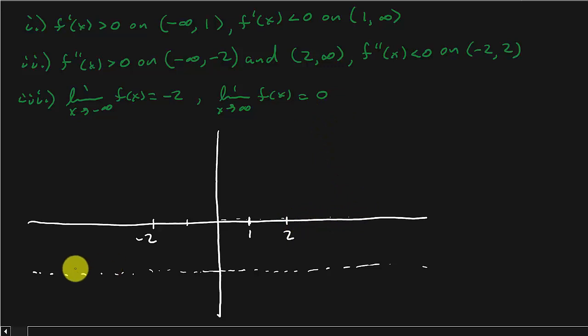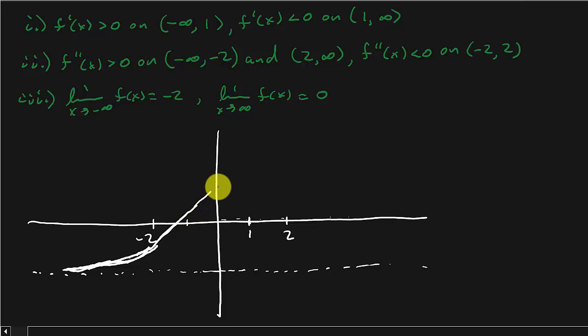So when I draw this, I need to draw it in like this. Okay, it's going to come in like this. It's concave up. But notice from -2 to 2, it changes to concave down. So it's going to kind of turn this way. I guess I could probably try to draw this a little better. And then it's going to come up here like this.